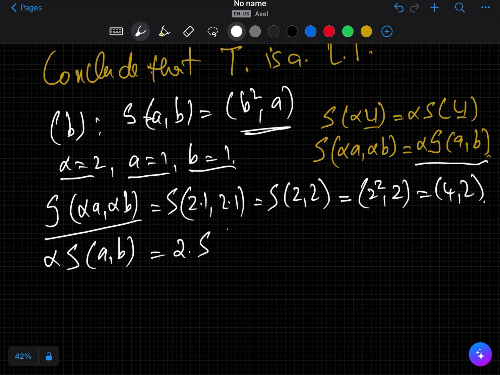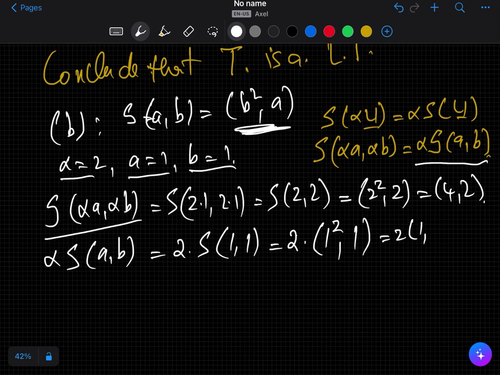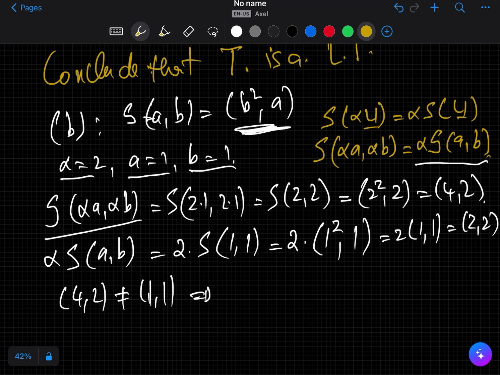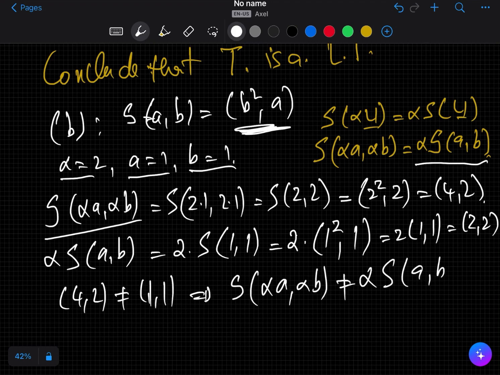Alpha is 2, a is 1, b is 1, so this is equal to 2 times S(1,1). I can use this formula as well: (1 squared, 1), which is (1, 1), so 2 times that equals (2, 2). So we can see that (4, 2) is different from (2, 2).